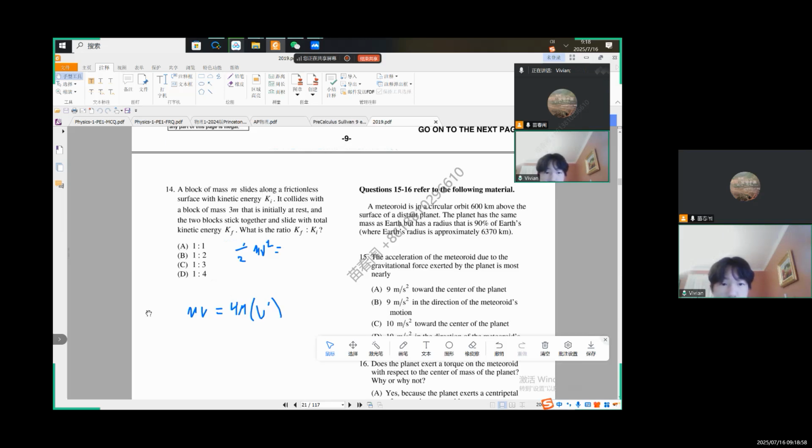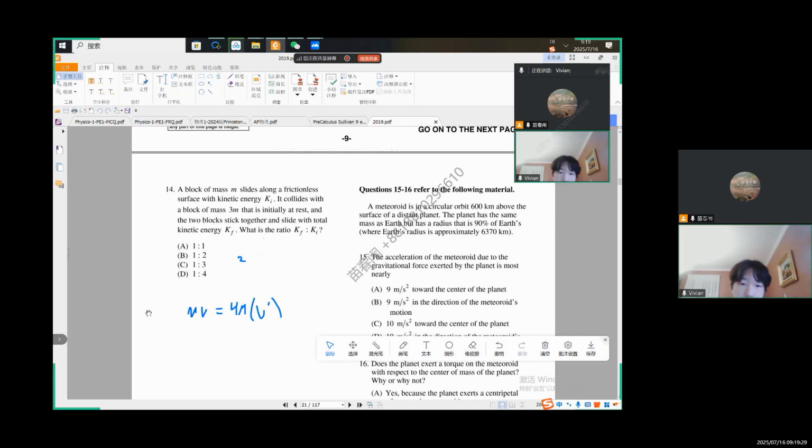Because it's inelastic. Sticking together is always inelastic. You want to find the ratio kf to ki.